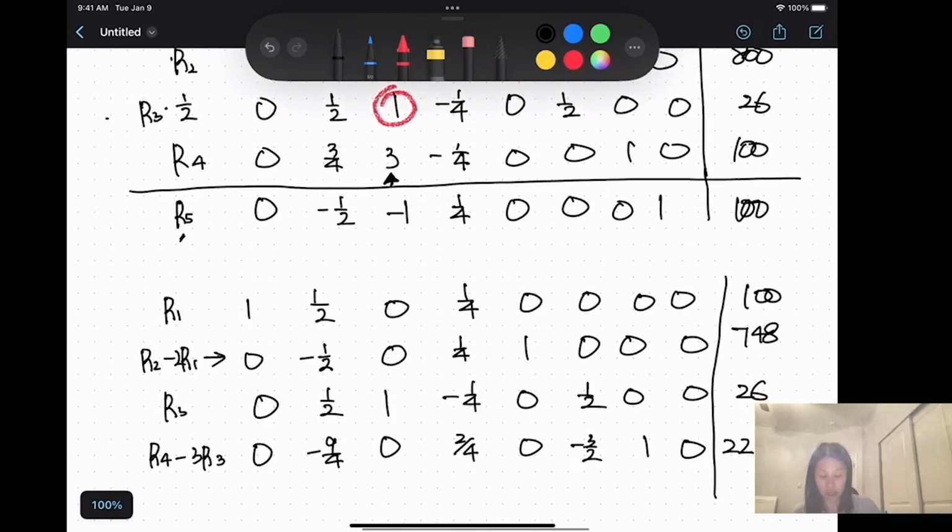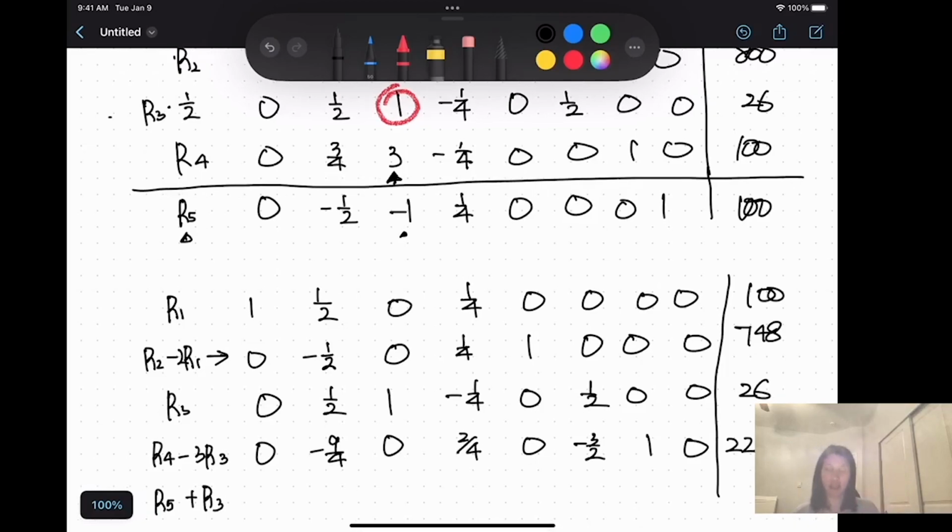Okay, the last one is R5. R5 here is negative 1, and so I want R5 to become what? R5 plus R3, because then they can cancel each other. Negative 1 add 1 is equal to 0.